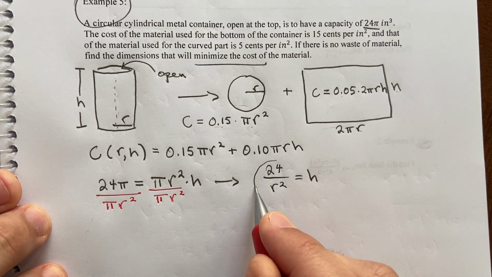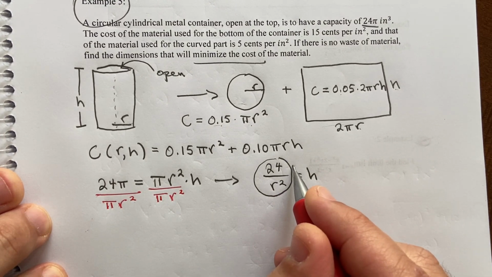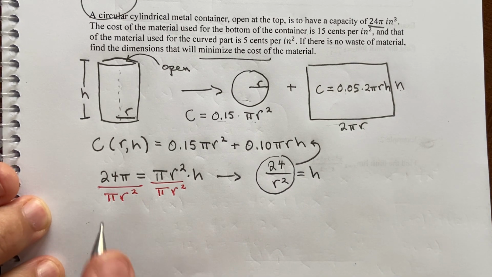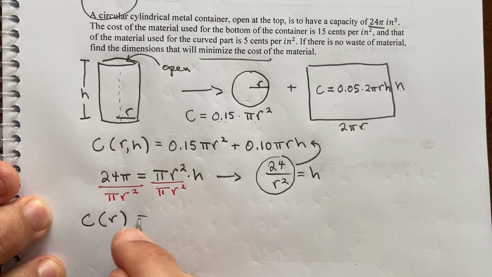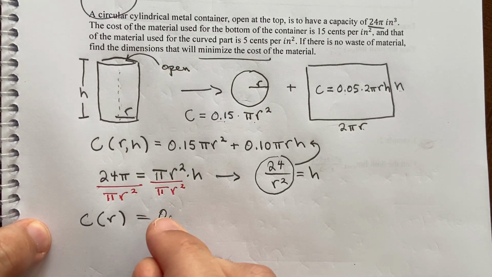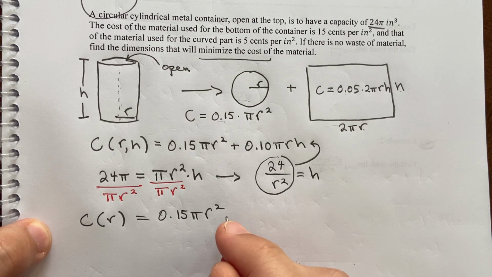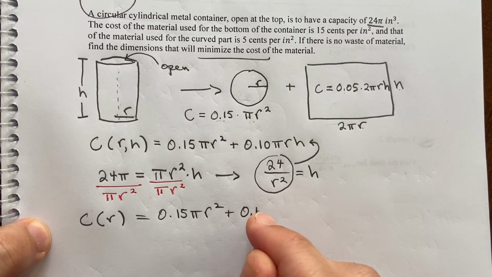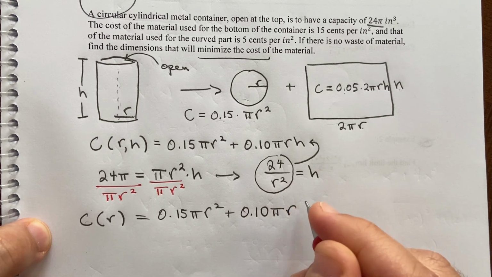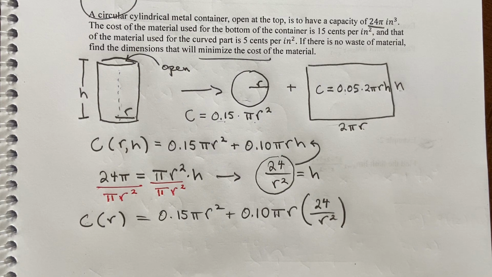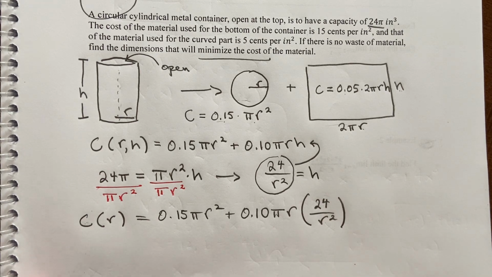So I can now take this and represent h with it. Now the cost, just as a function of r, would be 0.15 pi r squared plus 0.10 pi r times 24 over r squared. I can cancel an r, I can multiply 24 times 0.1.